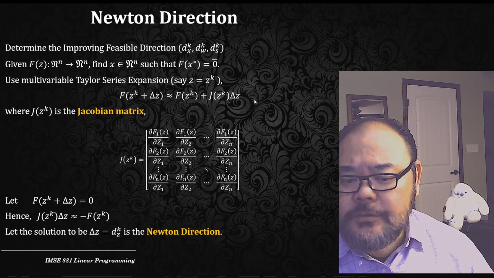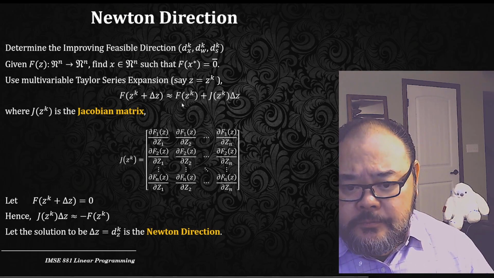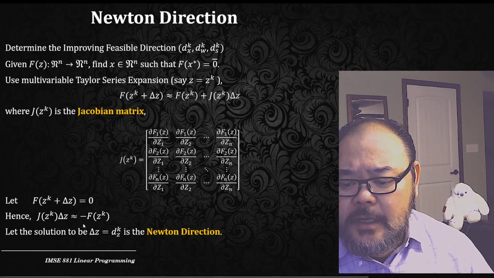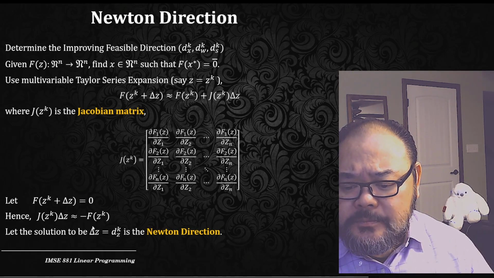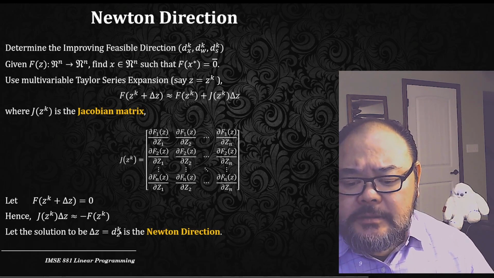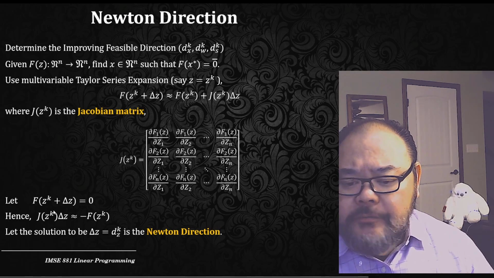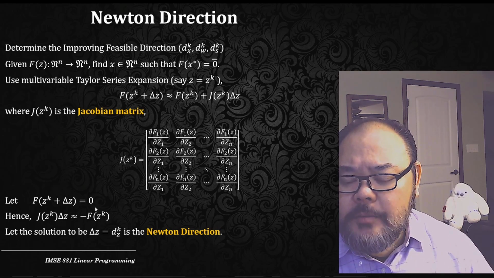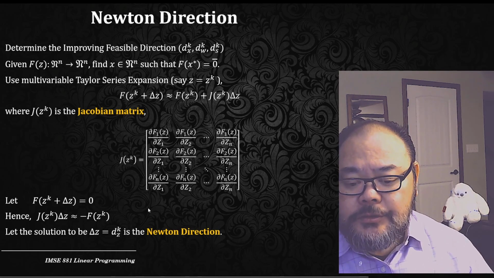Okay, move this to the right hand side. If I set this to 0 and move f of zk to the right hand side, then we can calculate delta z as d of z, which is our Newton's direction. So all I have to do is take the inverse of the Jacobian matrix, and I can calculate delta z, and delta z is our direction.